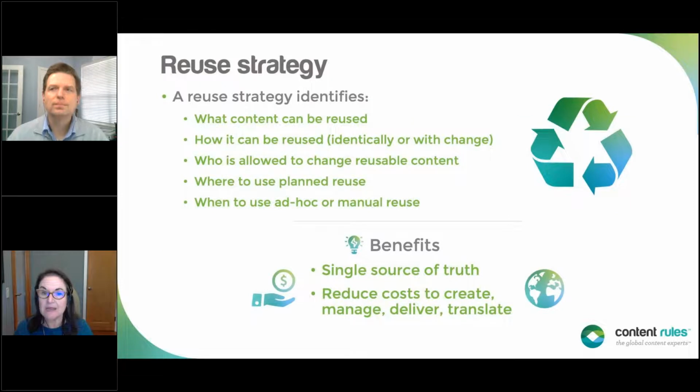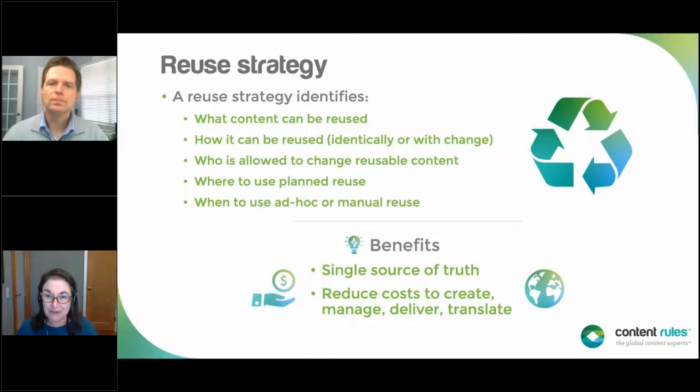The next part is creating a reuse strategy. Before you start reusing this content, you really need to think about which parts of this content can be reused. Which content can be reused, but I need to have a derivative? Perhaps it's future tense here, present tense there, and past tense here. So can I use it as it is, or do I need to make some changes, and how?